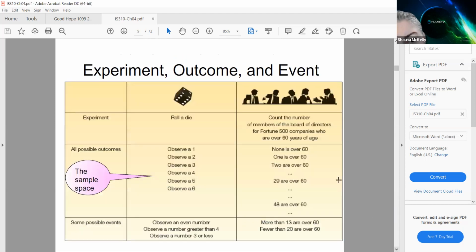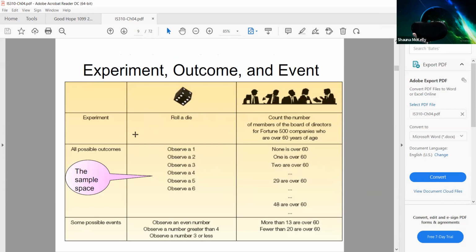So now here's the distinction between the experiment, the outcome, and the event. Sometimes students get these confused. The experiment is the actual activity that you do. You roll the dice, you pull a card, you flip a coin. That's an experiment.